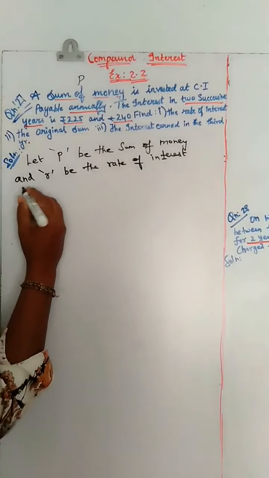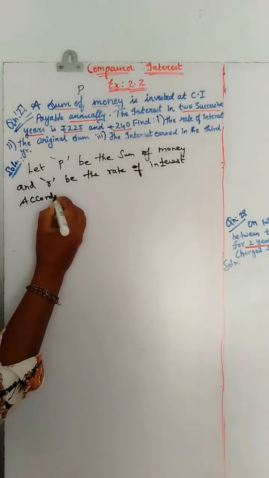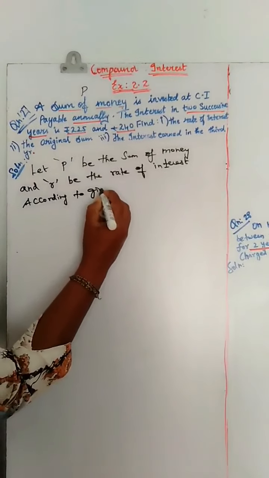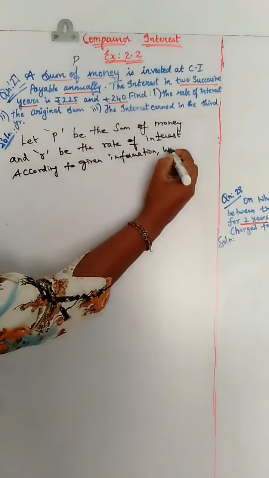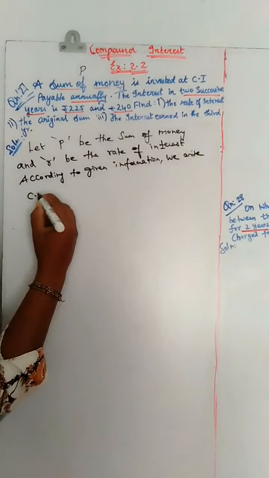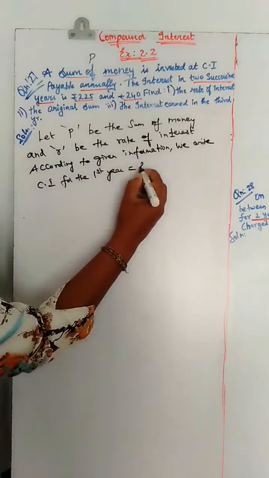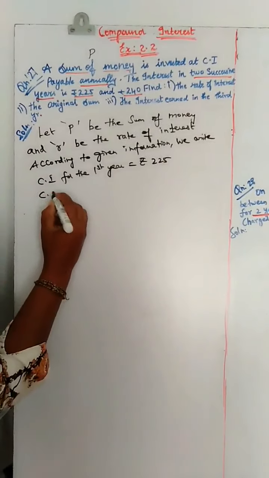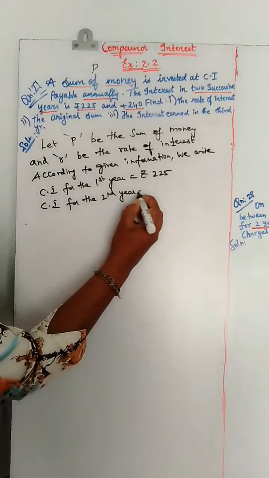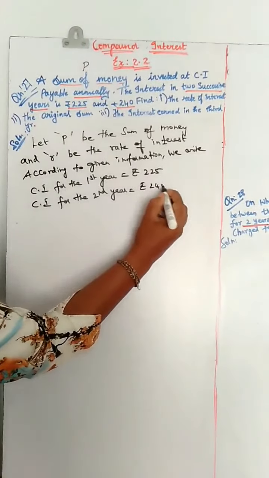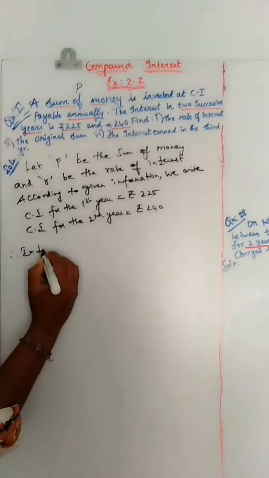According to the given information, we write: compound interest for the first year equals rupees 225, and compound interest for the second year equals rupees 240.